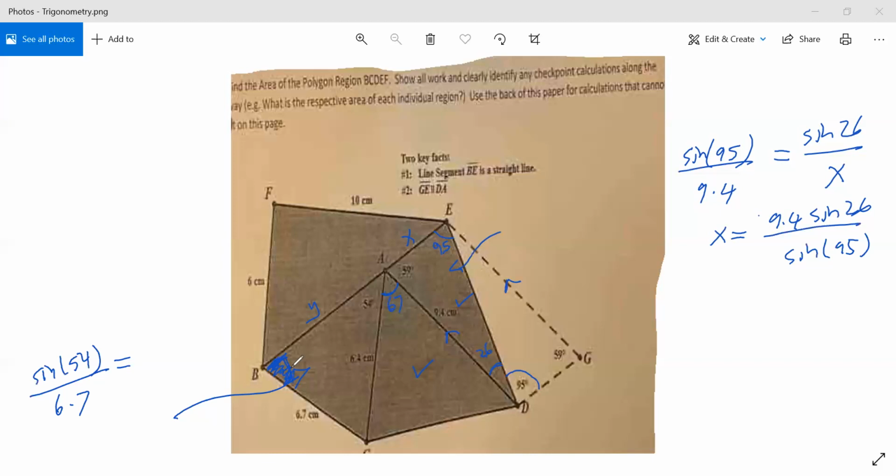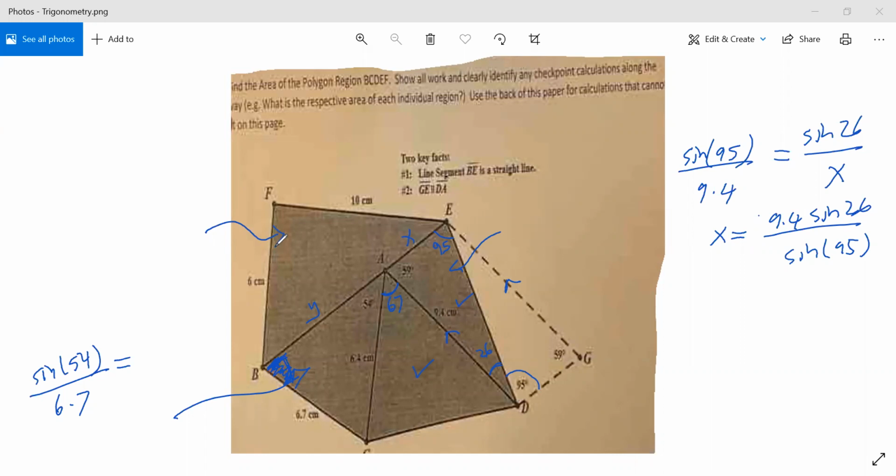Then I can figure out the y, or I can figure out this angle and use the area formula. So that might be better. But I need a y definitely. Y is needed because I'm going to use the area formula here if I know the three sides, since I don't know BA. So let's just go ahead and do this.